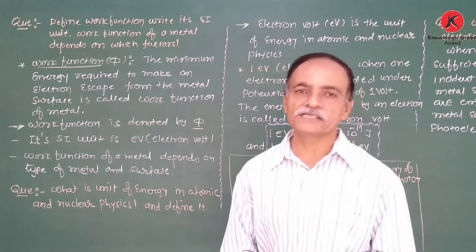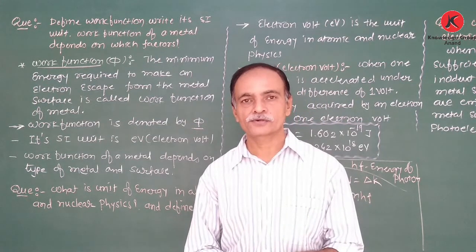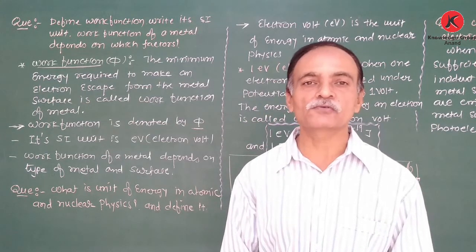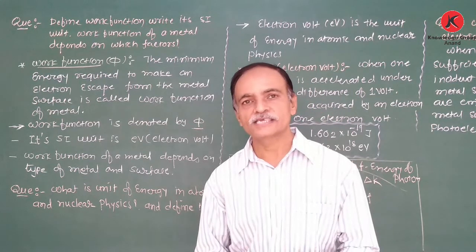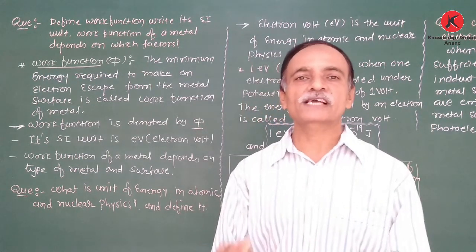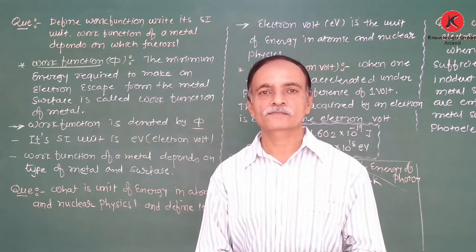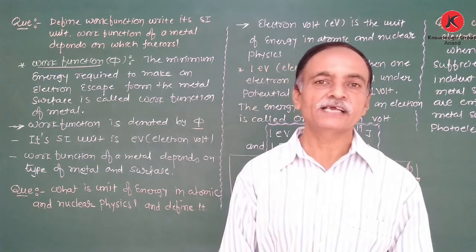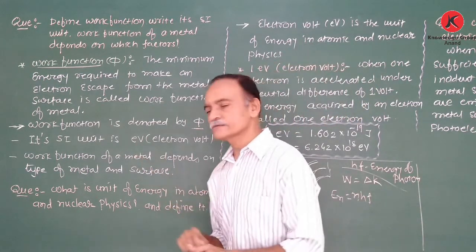In atomic and nuclear physics, we are dealing with electrons, protons, and neutrons, which are very, very small. Therefore, their masses are also very small. The mass of an electron is not convenient to mention in kilogram or gram. Therefore, the mass of particles or atoms is measured in atomic mass units and energy is in electron volts.